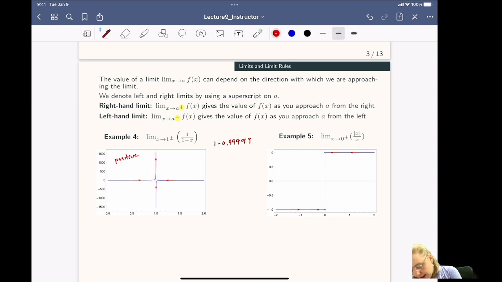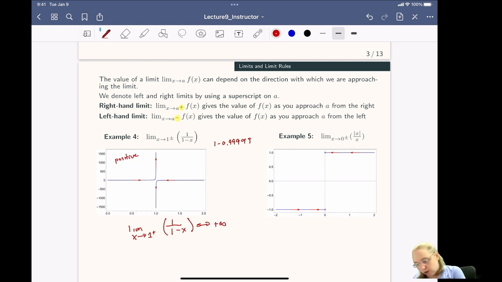So as we take the limit as x goes to 1 from the right of the function 1 over 1 minus x, this is a divergent limit that does not exist and it approaches positive infinity.